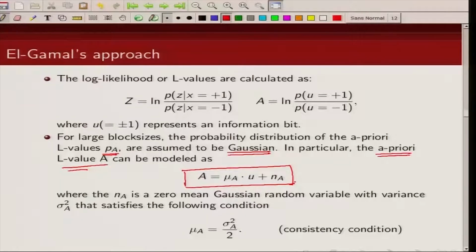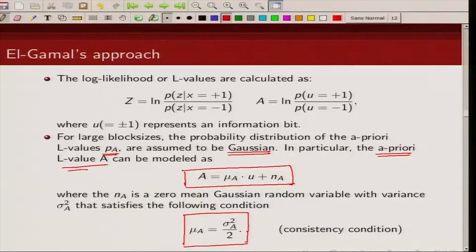So, in Al-Gamal's approach, we model our a priori information as Gaussian and we generate it like this: A is mu A times the input plus some Gaussian noise, and they have also observed what they call the consistency condition. So, they assume the mean and variance are related in this particular fashion.